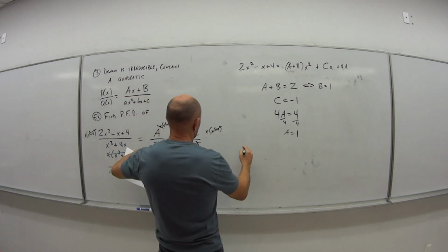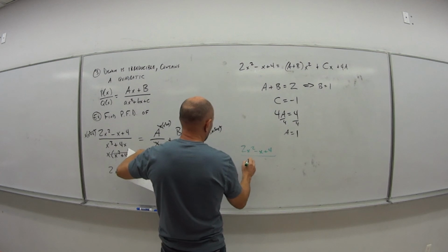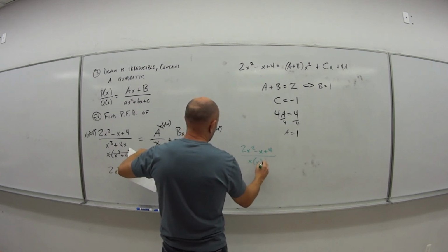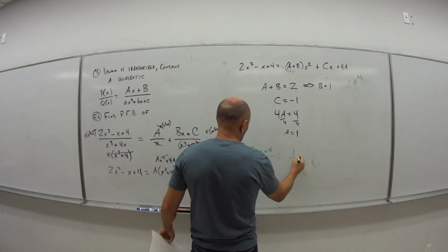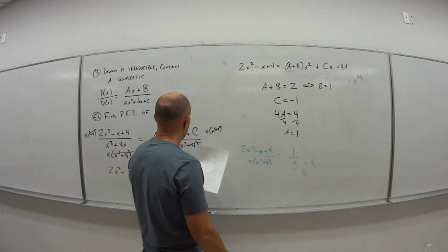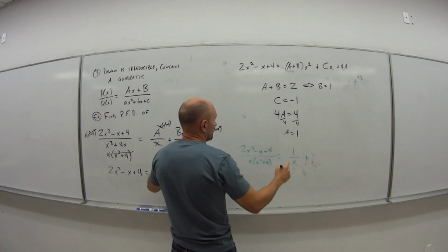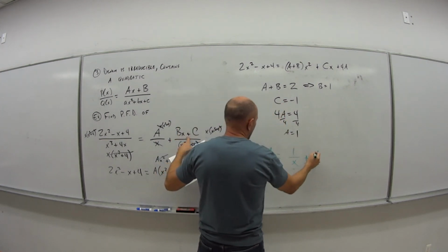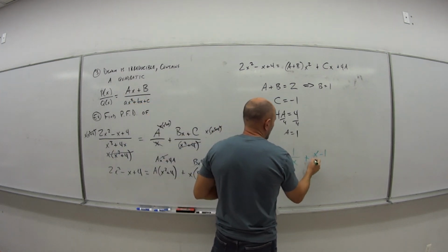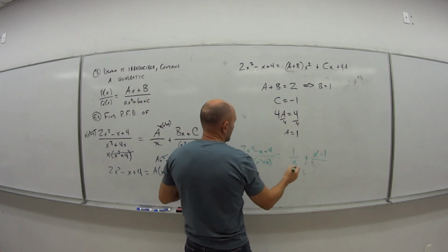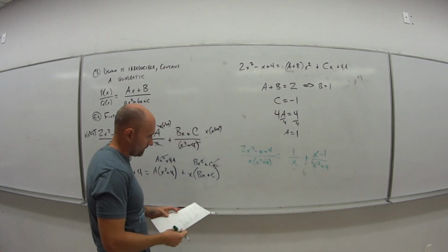So the original 2x squared minus x plus 4 over x times x squared plus 4 is equal to a over x, so 1 over x, plus this guy. Bx, well b is 1, so that's just x, plus c, c is minus 1, so x minus 1 over the x squared plus 4.